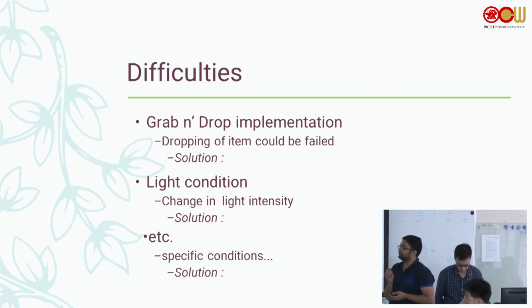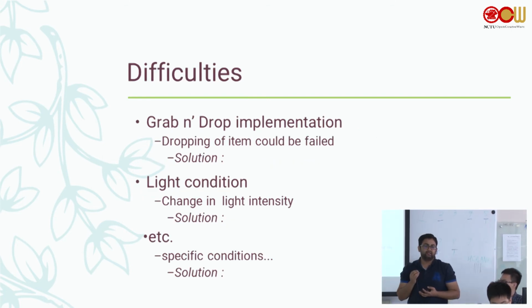As mentioned about the technicalities, some of the difficulties we might face during the execution of the project are the grab and drop implementation of the trash into the trash can. We think we can overcome this difficulty by correlating the motor speed of the trash can and the motor speed of the gripper.